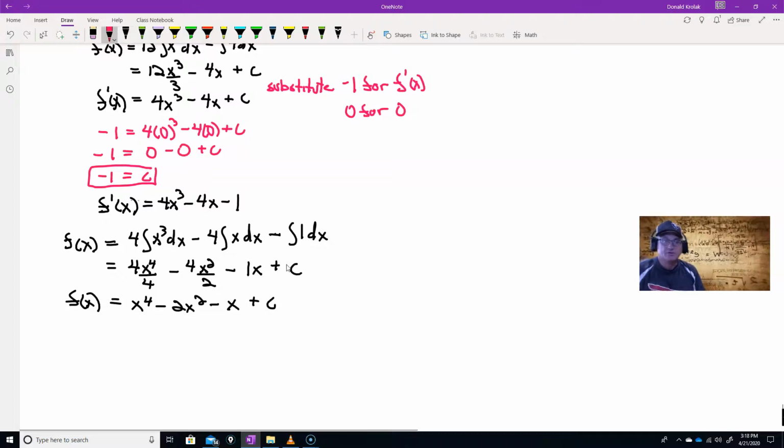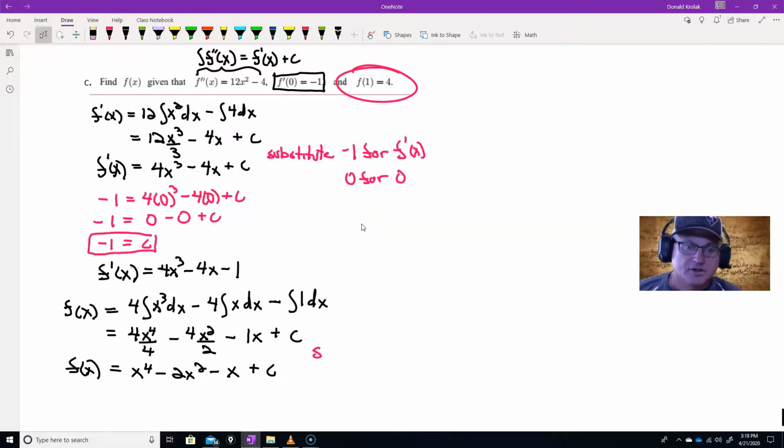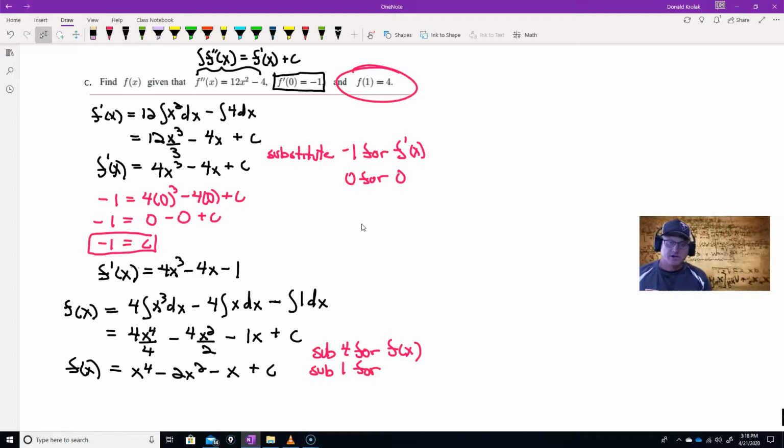Now we go back to the point that we were given, 1, 4, and I'm going to substitute 4 for f of x. And I'm going to sub 1 for x, and then solve for c.